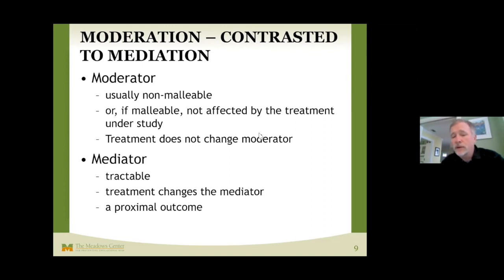And you can even think about mediators as a proximal outcome. So within a treatment context, if you have a treatment, that treatment's going to change the mediator, and change in that mediator is then going to covary or correspond to changes in the outcome. It looks a little bit like this.